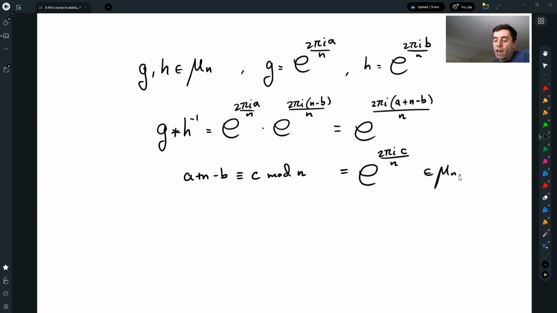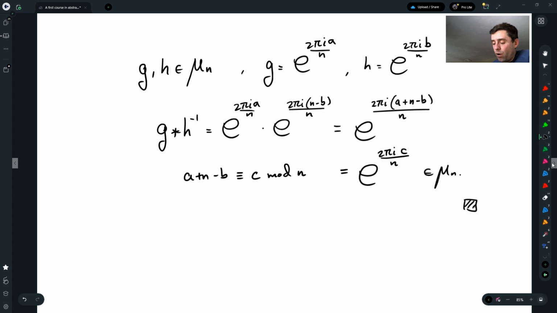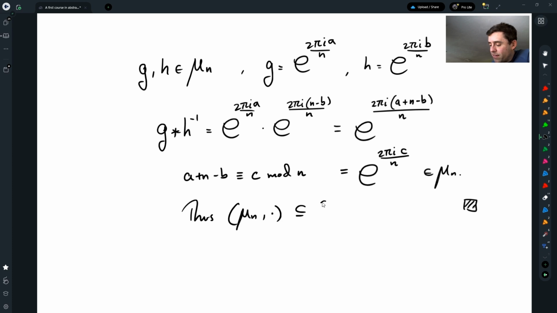So the multiplication of the roots of unity is the multiplication in the complex numbers, and we have shown that the set is not empty and that any g times any h inverse is also an element of the set, and therefore the roots of unity under multiplication form a subgroup of the non-zero complex numbers under multiplication.